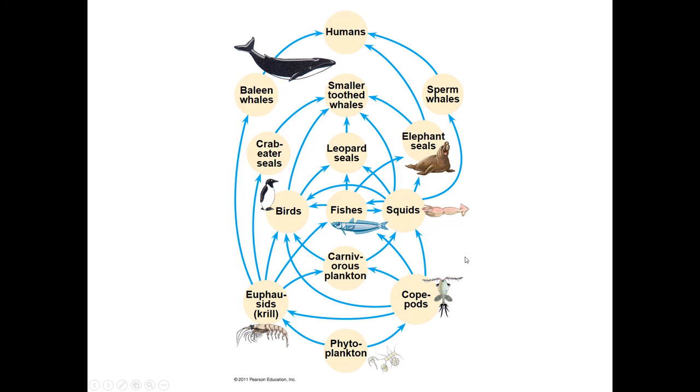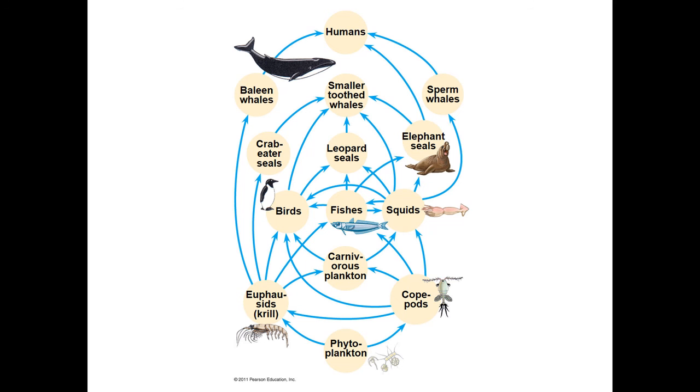And it just becomes complex very quickly, I guess is my point. So a lot of times we do kind of focus in on a single portion and look at a single food chain within a food web just to kind of get a better handle on something.